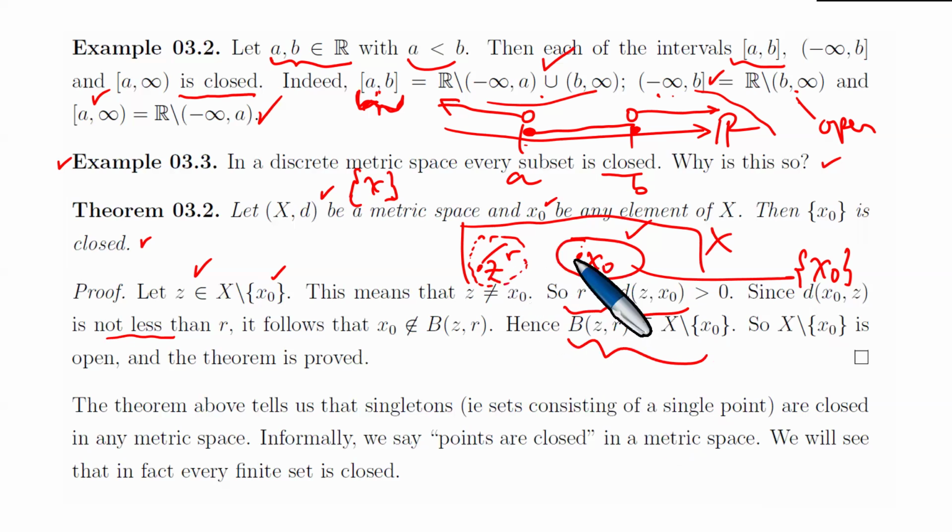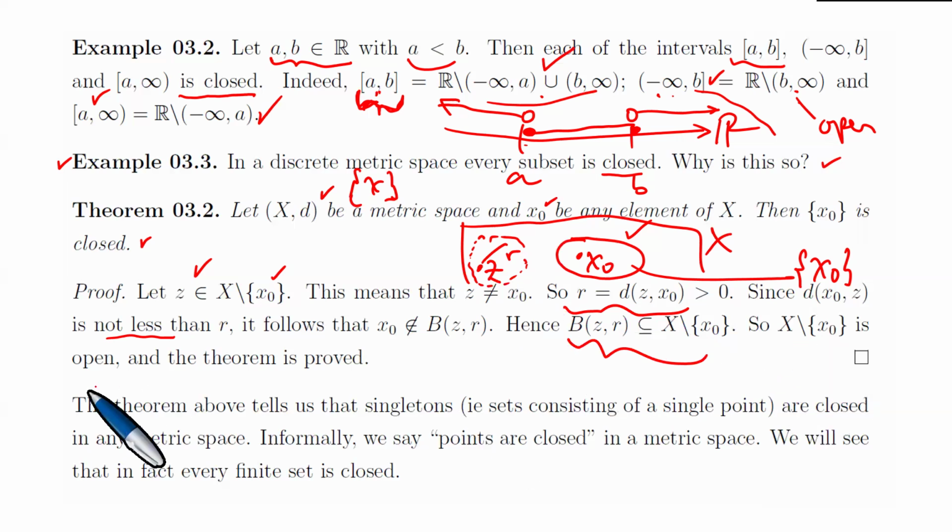So the complement of x0 is open. Yes, that is true, because the complement of x0 contains an open ball. It means every element of the complement can be covered by an open ball, so every element is an interior point of the complement.